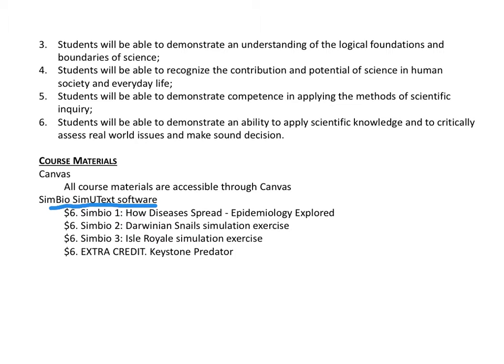There are three assignments. The first one is Symbio 1, How Diseases Spread, Epidemiology Explored. Then Darwinian Snails, an exercise on evolution. Isle Royale, a simulation exercise on population biology. And then there's an extra credit one if you want.